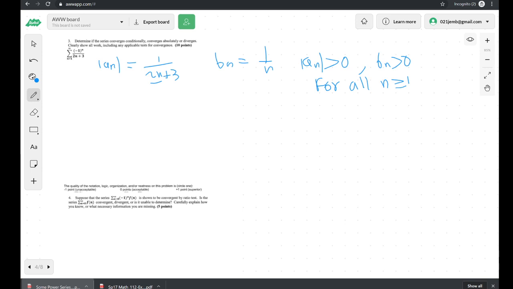And so we're going to take the limit as n goes to infinity of a sub n divided by b sub n, in absolute value. So that's going to be n divided by 2n plus 3, right? Because 1 over 2n plus 3 divided by 1 over n is just the reciprocal of this times this.